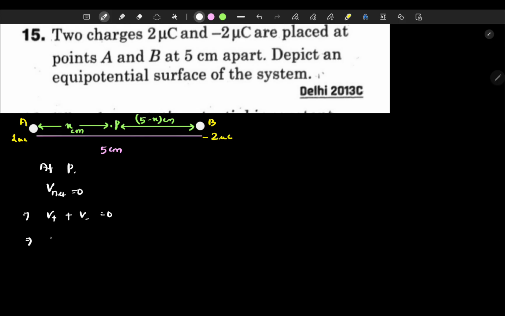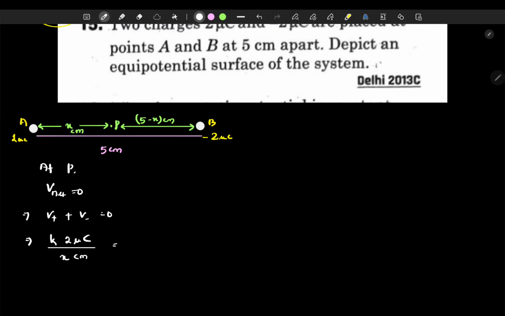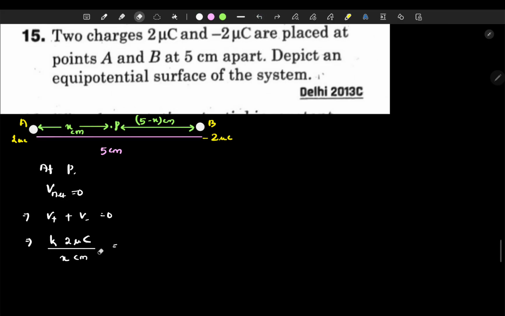V due to positive charge will be K into 2 microcoulomb divided by x centimeter, plus V due to negative charge will be K into minus 2 microcoulomb divided by 5 minus x centimeter, equals 0. So after solving, what you will get?